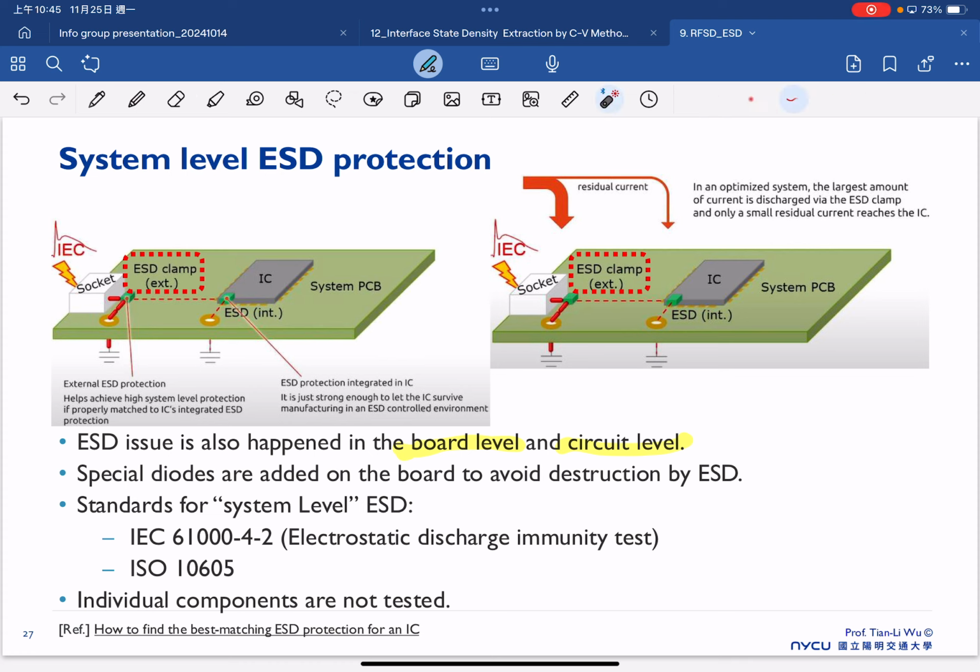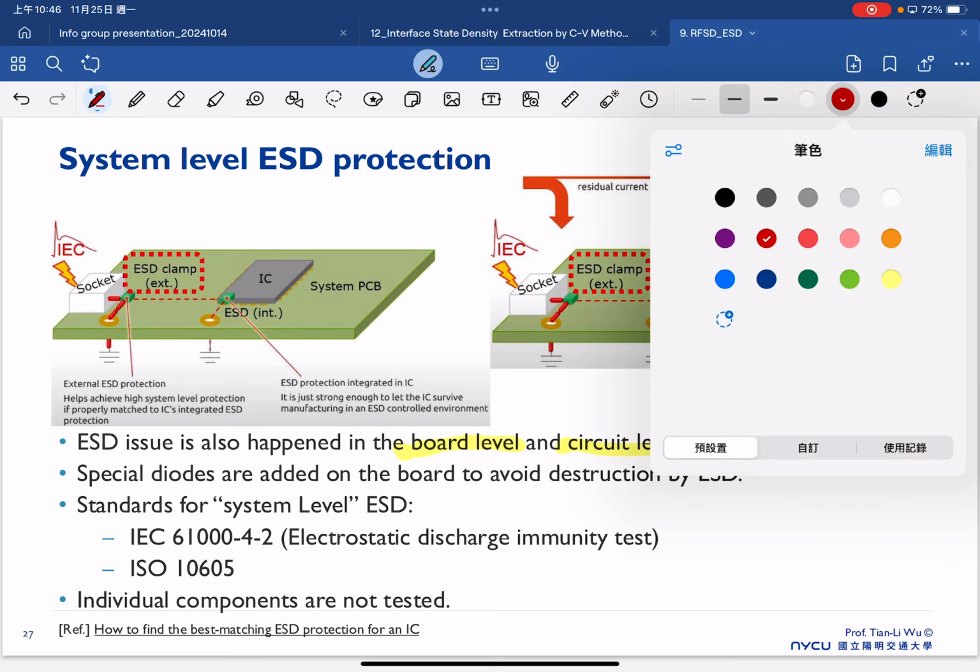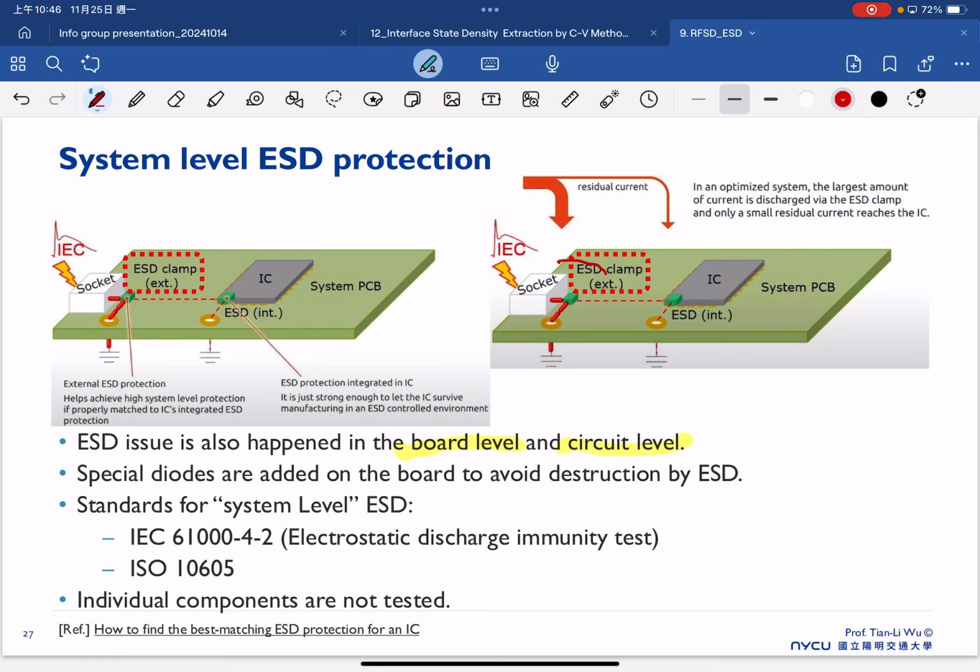In this case, this is our core IC, the IC that provides the main function. But for the ESD protection, we will have this ESD clamp that's externally connected. The idea is that once a huge current or huge voltage ESD event happens, this additional ESD clamp can help the current be discharged away.